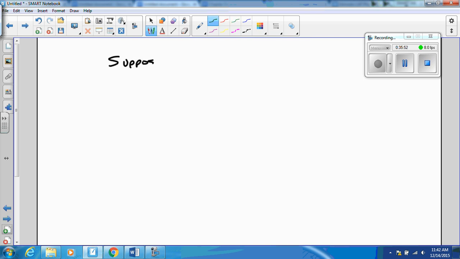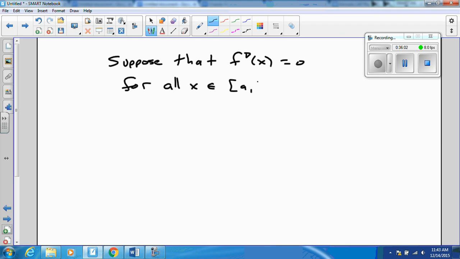Let's look at the other way. Suppose I have a function whose derivative is 0 for every single x in the interval a to b.